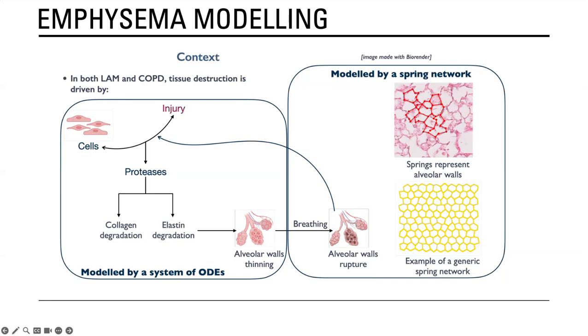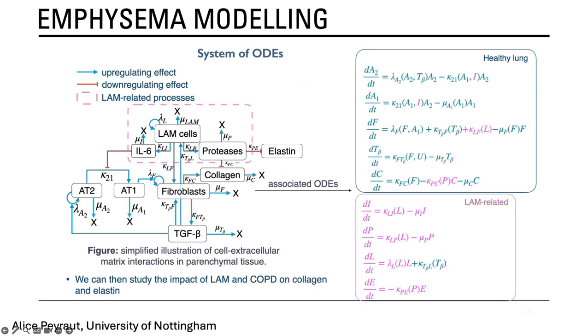Essentially you get collagen degradation and elastin degradation, causing those alveolar walls to weaken and rupture over time. So for each spring, we have a little model that looks at the response to that injury. But ultimately, it's the release of proteases that we're interested in. Don't worry too much about the other details.